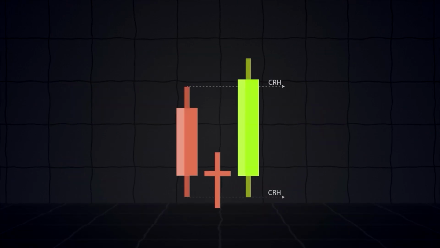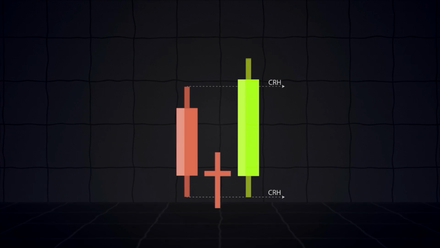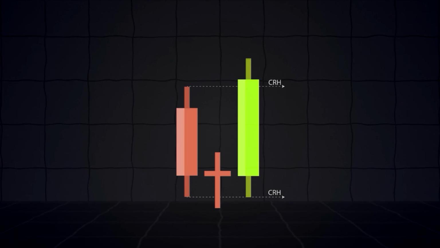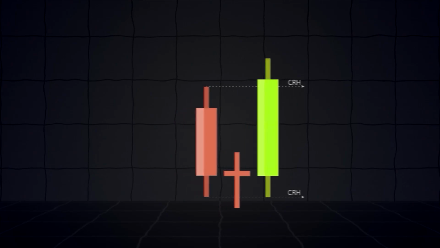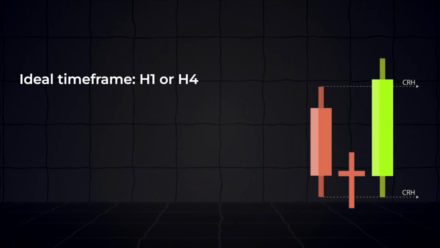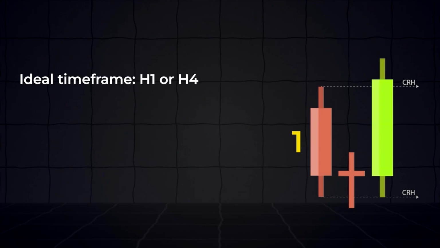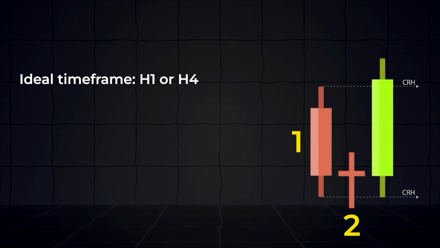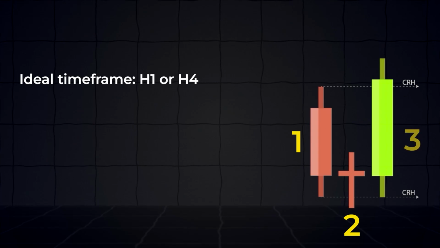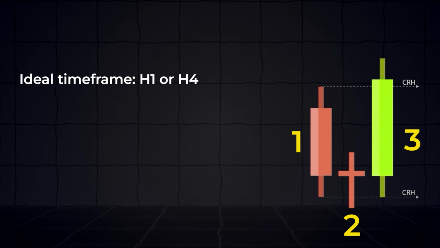In a bullish scenario, CRT often forms as a sequence of 3 candles on a higher time frame. We have already established that the time frame itself doesn't matter here, though I personally recommend 1 hour or 4 hours. The first candle establishes the range with its high and low. The second candle sweeps liquidity by testing this range's extremes, and the third candle breaks the structure of this range.